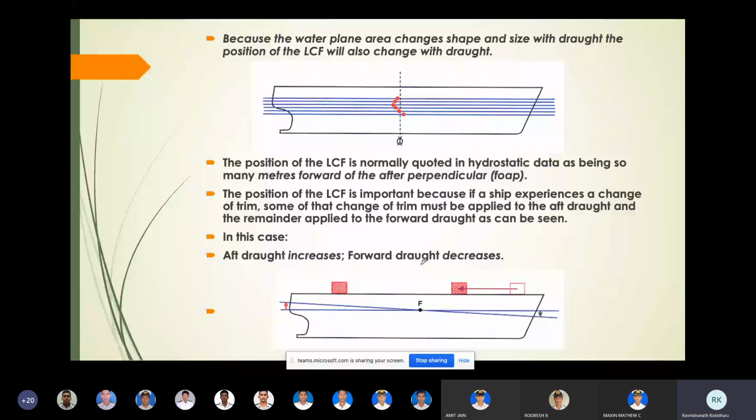So LCF changes with the water plane area. You will have various water plane areas and it keeps changing as the shape and size of the ship changes.